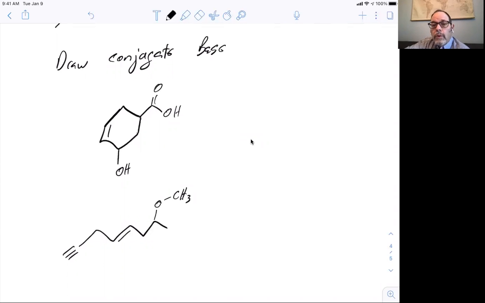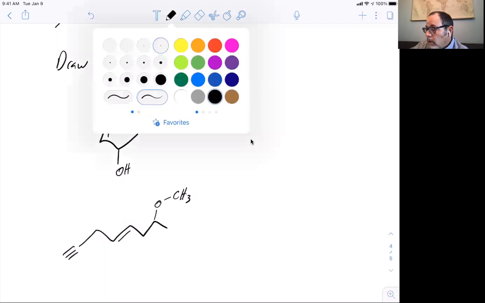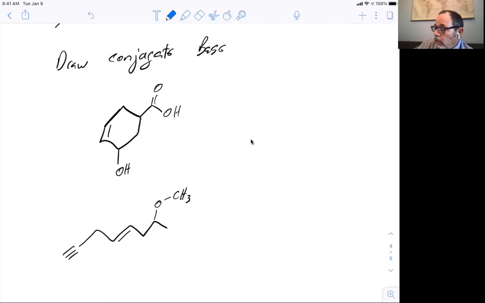Okay, so if we look at these, if the question is draw the conjugate base, what we're really asking is to look for the most acidic proton, right? That's going to be the one we extract. So if we look here, we've got the carboxylic acid, we've got this, got that, and we have lots of alkanes.